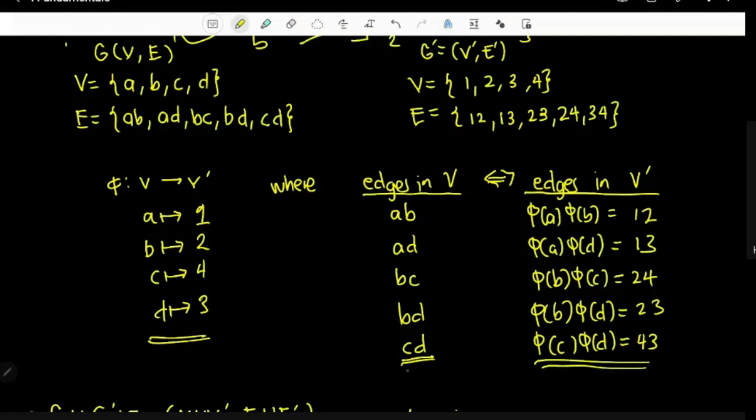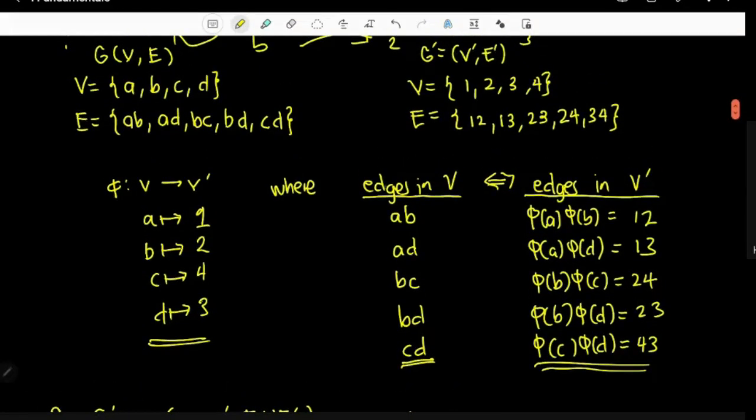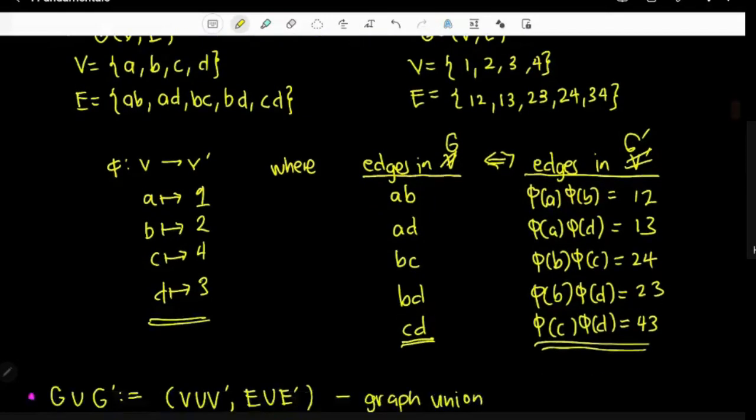Ang edge sa G ay edge din, ang corresponding edge sa G prime. Okay? This should be edge in G, kasi V is vertices. It should be edge in G prime. Just to correct the terminology. Alright. Question.